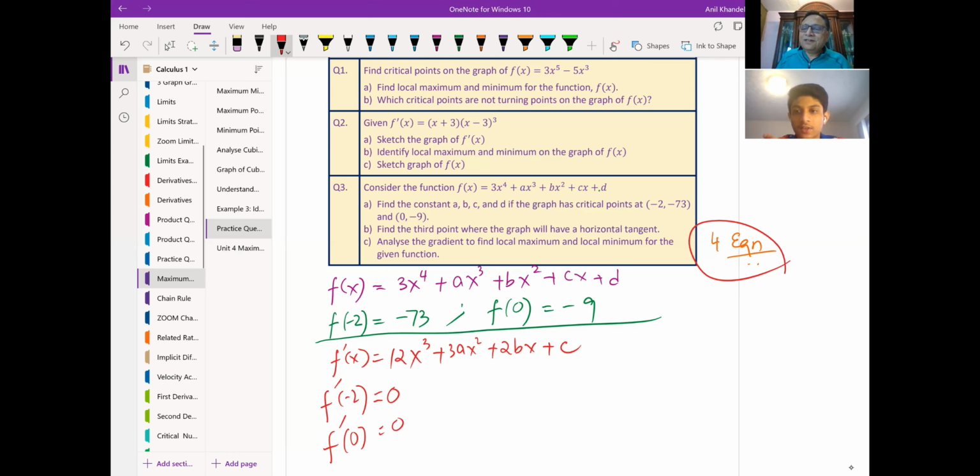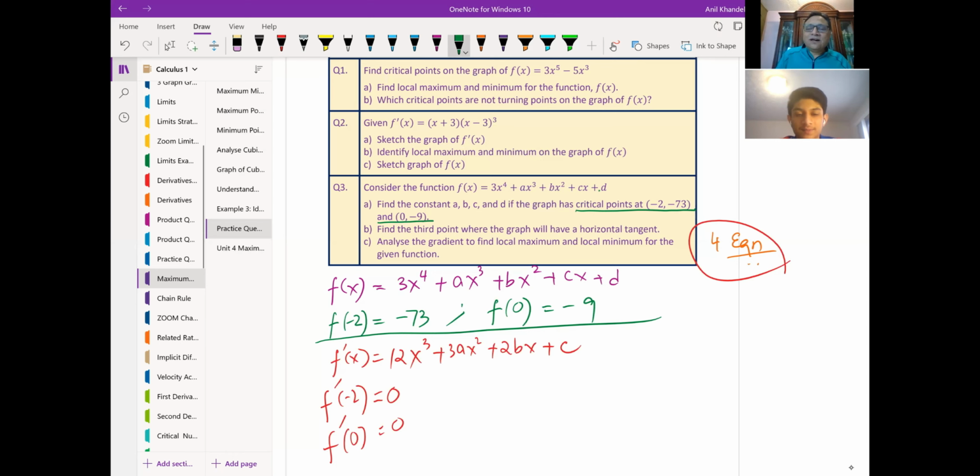Sir, quick confirmation. How did we find out that the derivative at -2 is equal to 0? Because this is a critical number, right? Because it is a polynomial, the critical number will also be a stationary point.